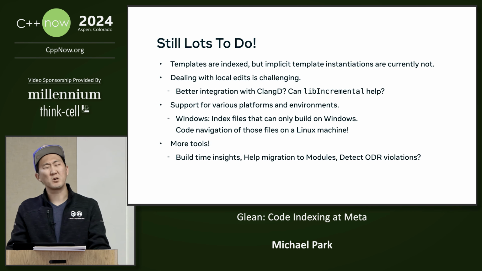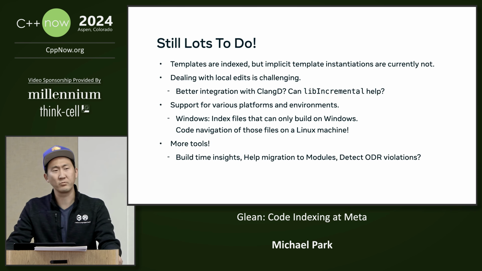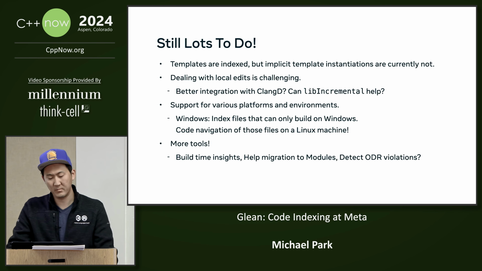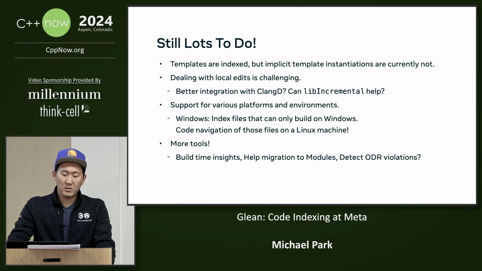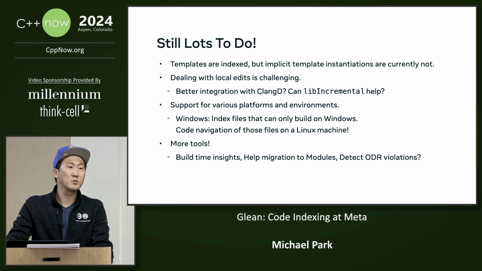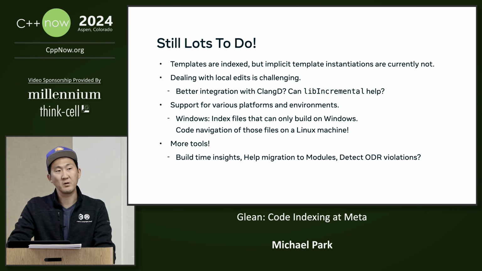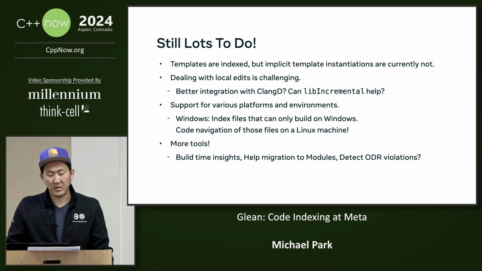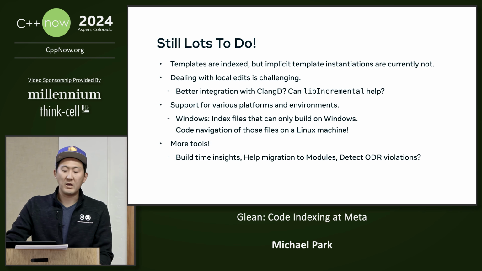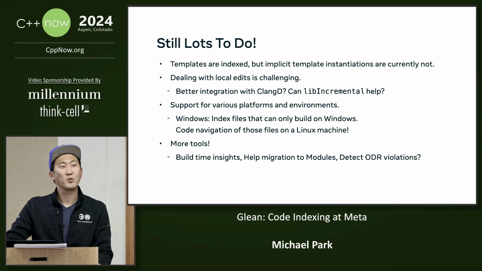People ask me about modules all the time, and I don't really know anything about them. But the build time issues at Meta are bad enough that we need to do something about it. And if we're going to somehow get to modules, okay, I said I didn't know anything about it, but I did look into it a little bit. As far as hand-crafting your code base to get modules, it seems pretty infeasible.